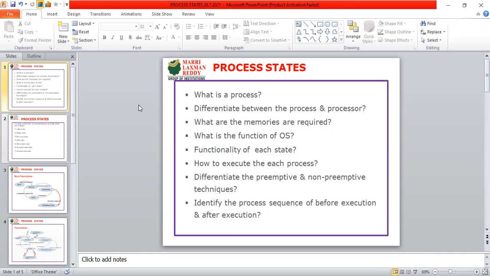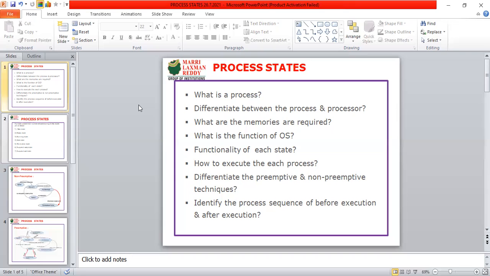What is the function of the operating system? The operating system is the interface between the hardware component and the software component. How do these two communicate? Without an operating system, the hardware component and software component do not communicate. The operating system helps these two to communicate. How does it help? The operating system is a resource allocator.